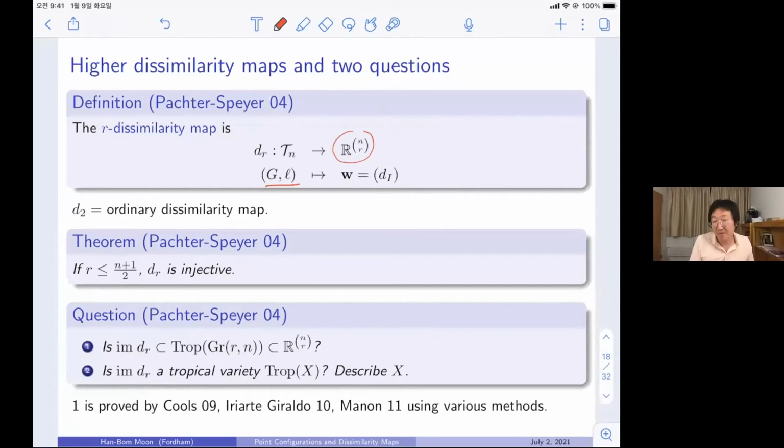So it would be possible, as in the case of the dissimilarity map, that we can make a finite list of tests so that we can say quickly whether a point is inside the image or not. The first question was proved very quickly by Cruz, Iriarte, Giraldo, and Menon using many different methods, by using valuation theory, combinatorics, and representation theory. But until last year, the second question was completely unknown.